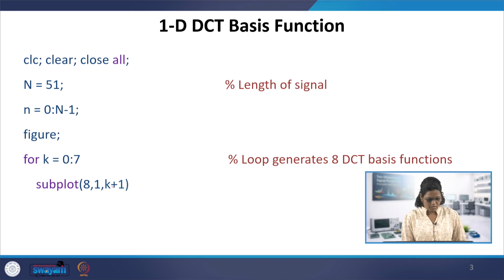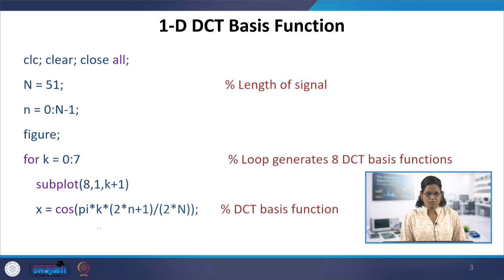This is given as 8 subplots, with 8 rows and 1 column, where k varies across the first plot, second plot and so on, so 8 plots will be generated. For this, the basis function is taken as cos of pi k (2n plus 1) by 2N. The DCT basis function is just given as x; it is not the input sequence, it is just a basis function to plot. With this x, we plot for the different k values, for n varying from 0 to N minus 1.